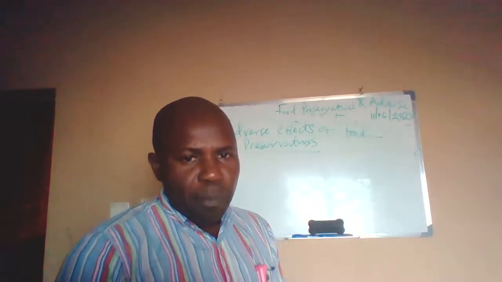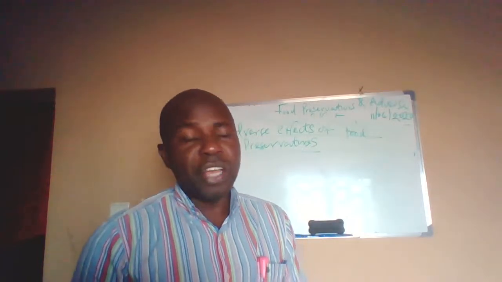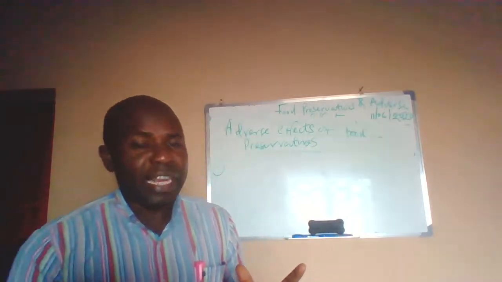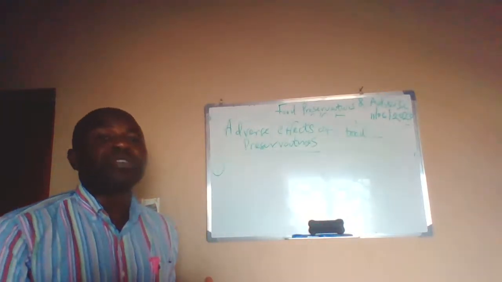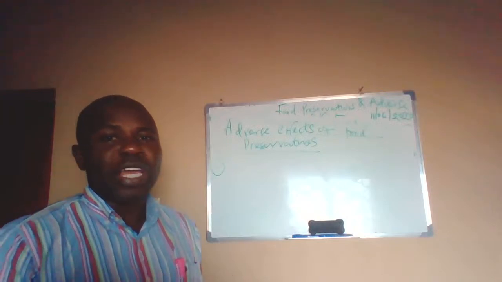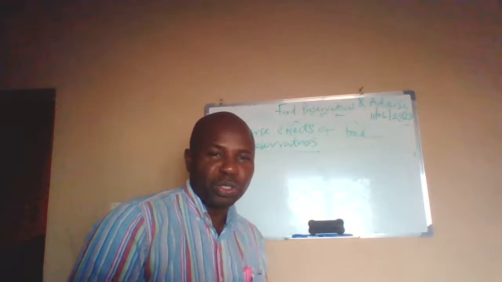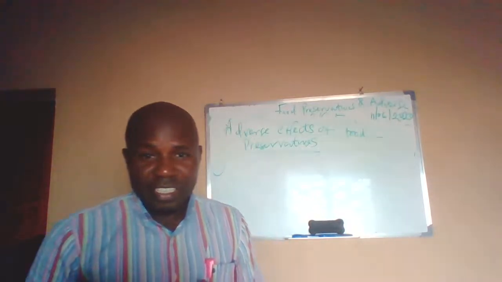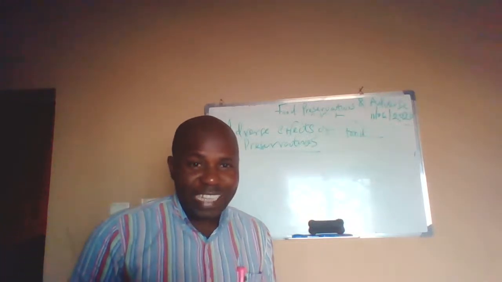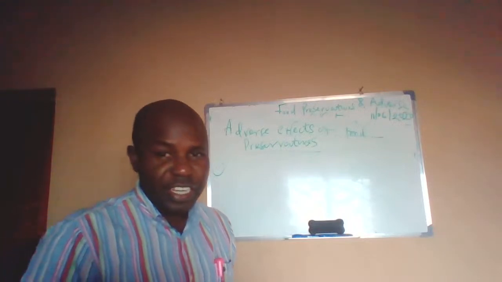Number one, benzoic acid is what you normally see majorly in our carbonated drinks, the drinks we normally take. Most of the time, we see benzoic acid inside these carbonated drinks. And don't forget, benzoic acid belongs to the class of antimicrobial food preservatives.